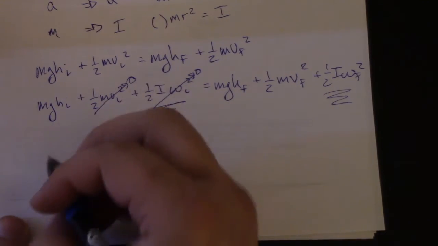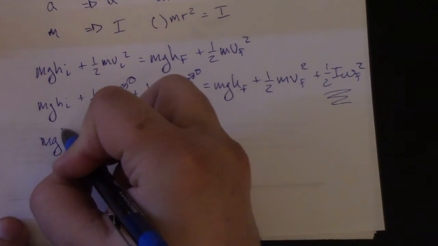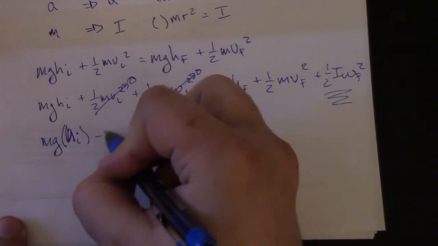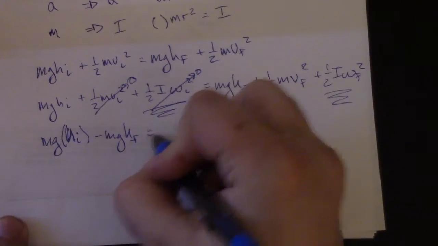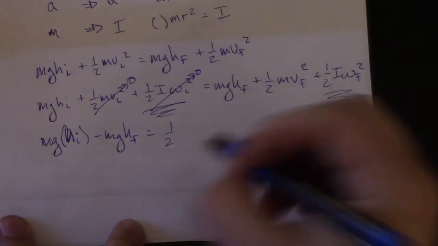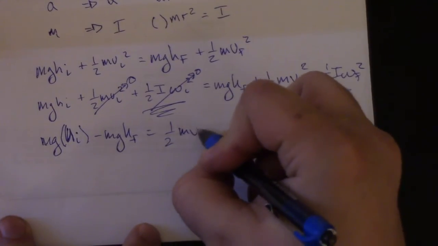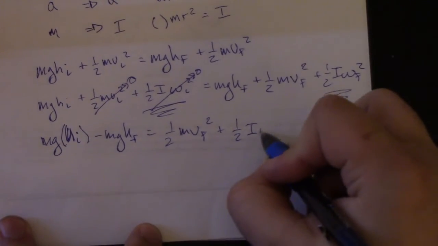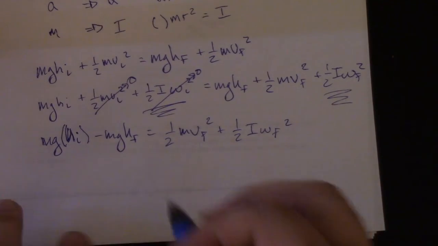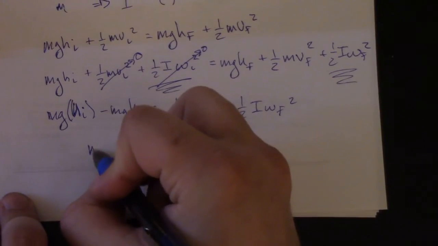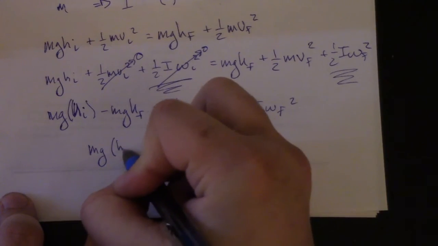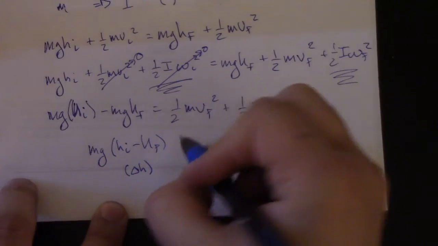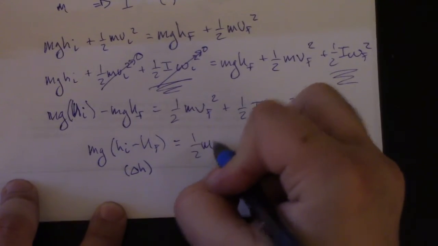And so we're going to end up with mgh initial minus mgh final is equal to our total kinetic energy, which is 1/2 m vf squared plus 1/2 I omega f squared. And so we can write this a little bit further. We'll get mg times hi minus hf, or delta h if you want, is equal to 1/2 m vf squared.